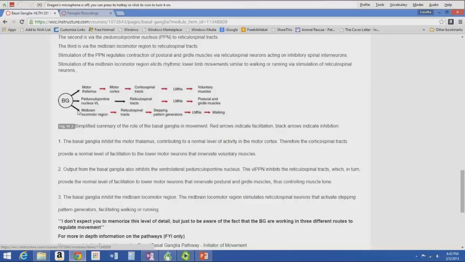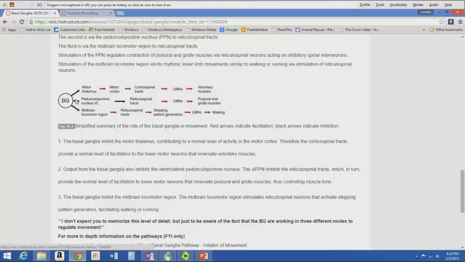And they do it through 3 different paths. One of them is the basal ganglia inhibits the motor thalamus, which then functions on the motor cortex, the cortical spinal tracts, the lower motor neurons, and the voluntary muscles. It inhibits the PPN nucleus, which in turn inhibits the reticulospinal tracts, which then has function on the lower motor neurons and the postural and girdle muscles.